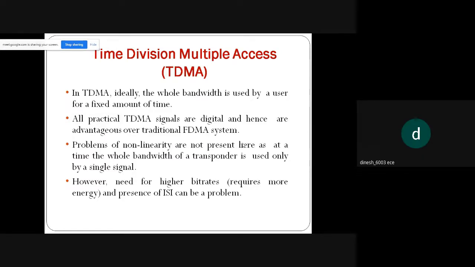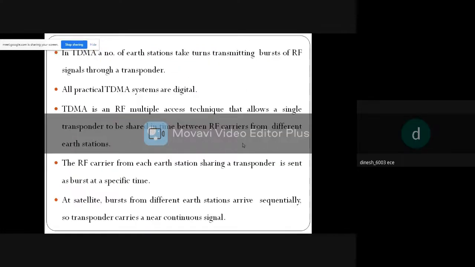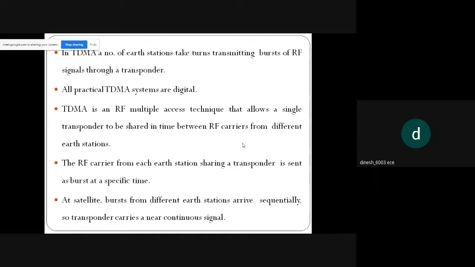However, with the need for higher bit rates, the presence of ISI can be a big problem. In TDMA, a number of earth stations take turns transmitting bursts of radio frequency signals through a transponder. All the practical TDMA systems are digital.